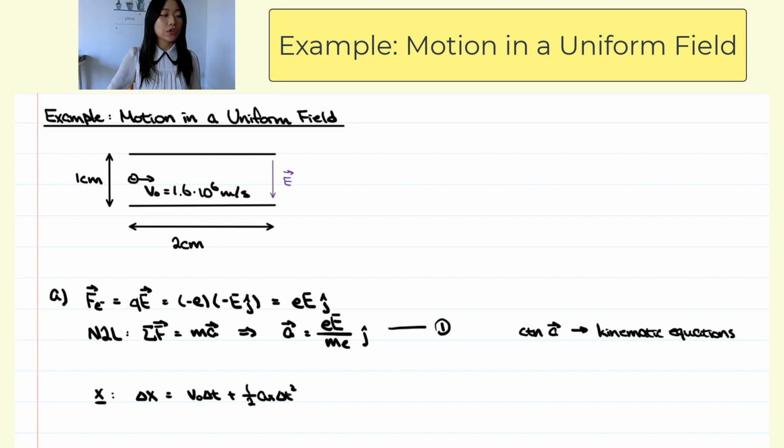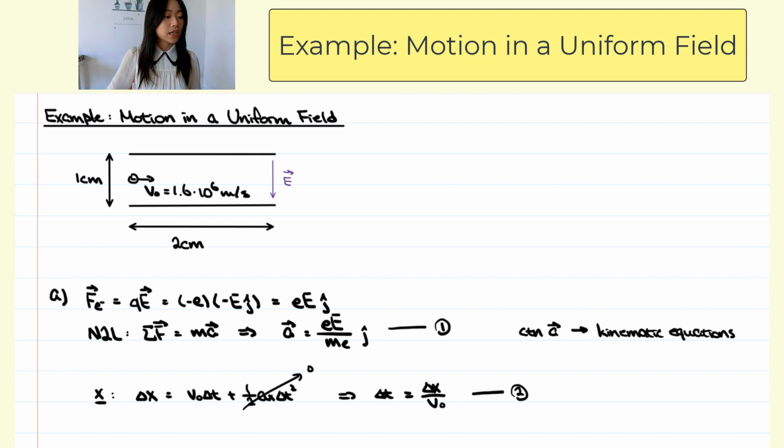But since the acceleration is in the j hat direction, a_x is 0. Then we isolate for delta t, which equals delta x divided by v0. Let's call this equation 2.